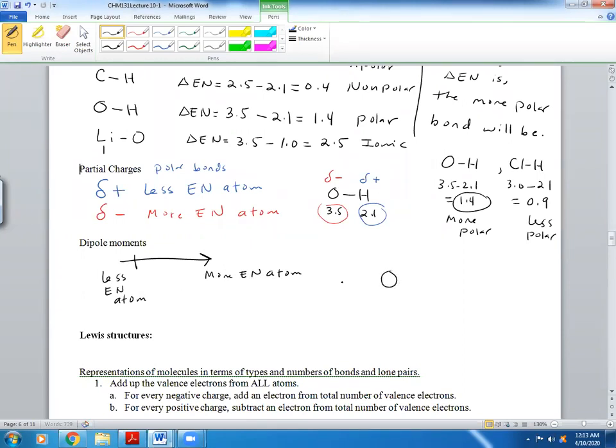So here's HO. O is more electronegative. You can write it as OH, it still points toward the O, because again, that's a 3.5 and that's a 2.1. Dipole moments are important. Partial charges are also important, so be able to apply both.